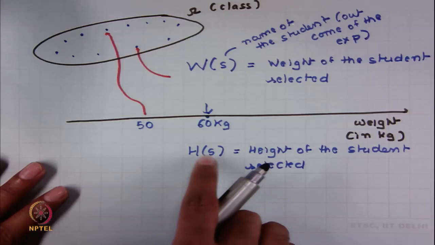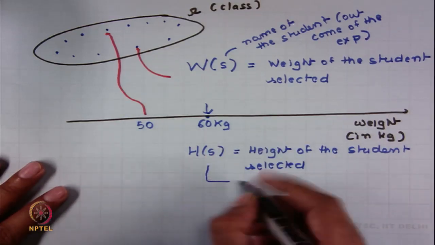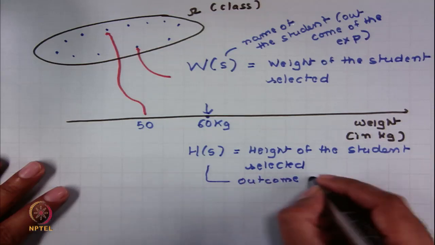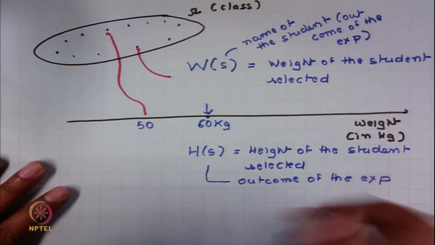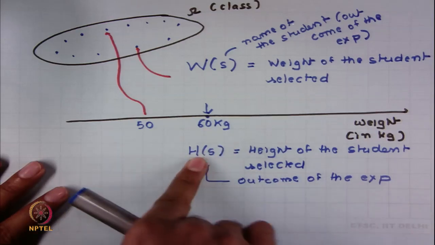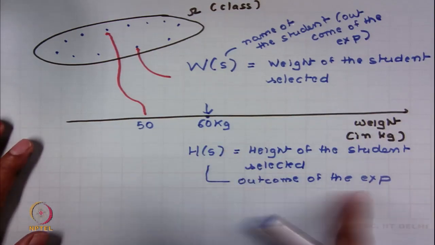So, again, for every outcome of an experiment, S is the outcome of the experiment, and to a given outcome I pass it to this function h of s and I get a numerical value corresponding to that outcome.